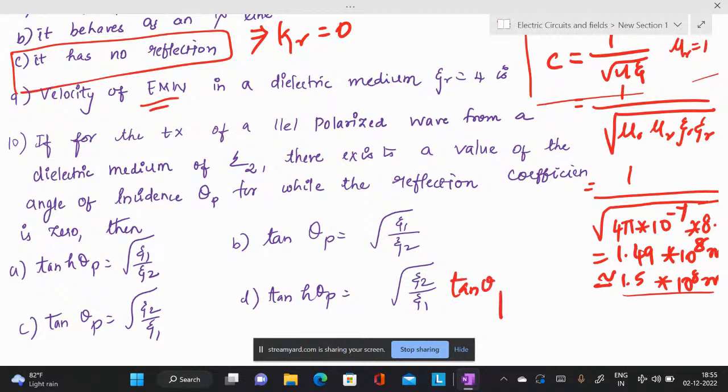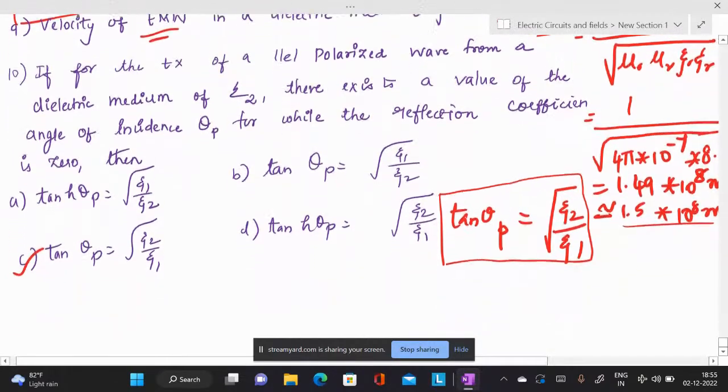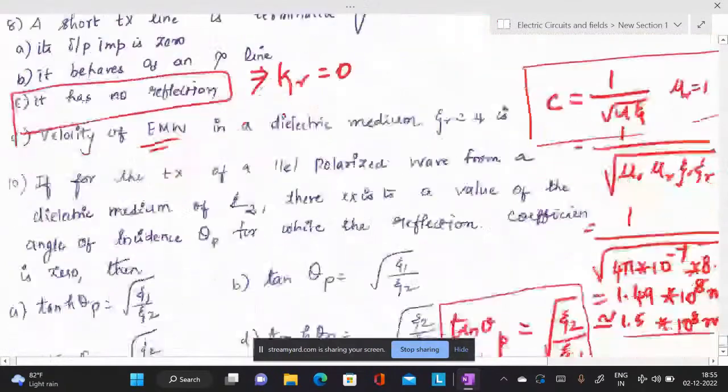Here tan theta p will be equal to root of epsilon 2 by epsilon 1. Is it clear? Any doubt in this? Option C is the correct answer.